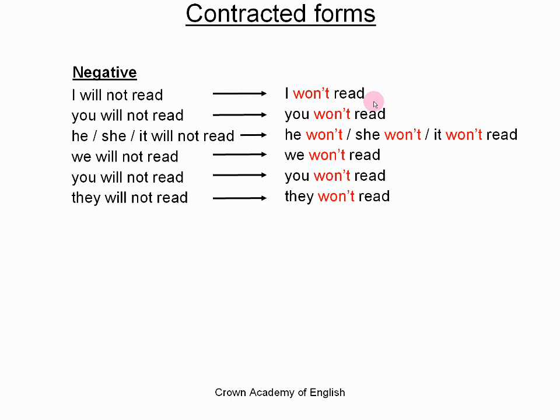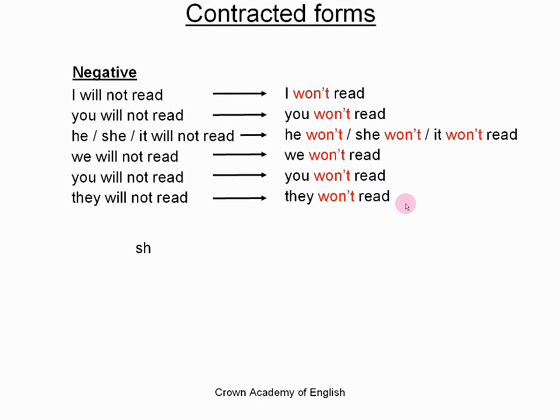And they won't read. So the spelling here is important. So will not is transformed into won't. W-O-N apostrophe T. And that is the same for all of them. Okay?